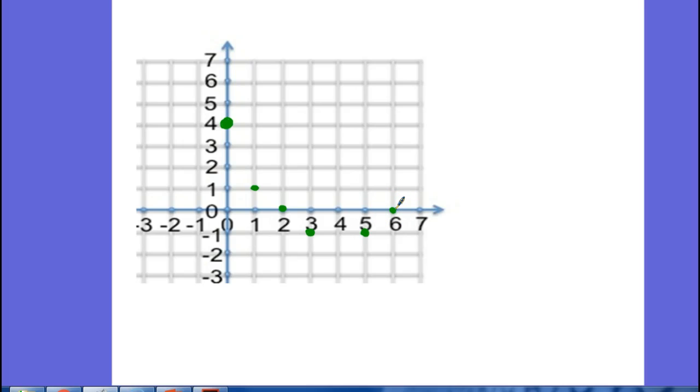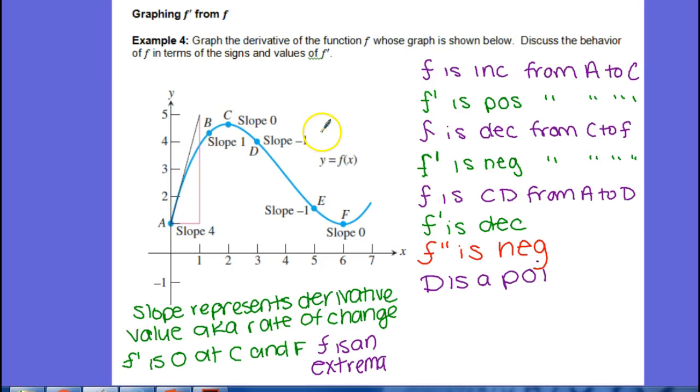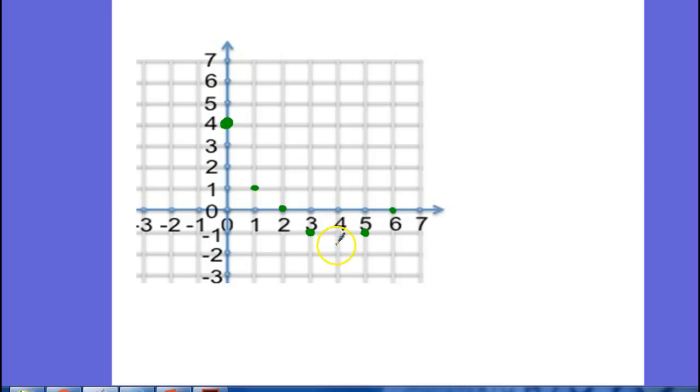What do you think is probably happening at 4? If you go back to your graph, is that going to be a positive or a negative value? Negative, and that's pretty steep, right? So it's probably a little less than -1, maybe like a slope of -2. So I'd say it's maybe right here.